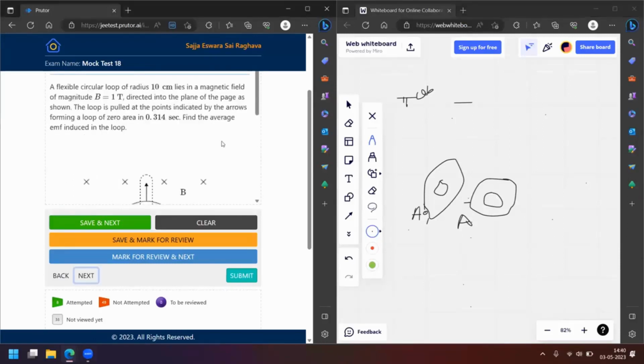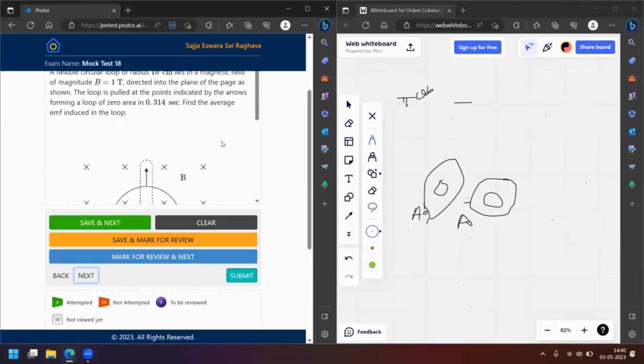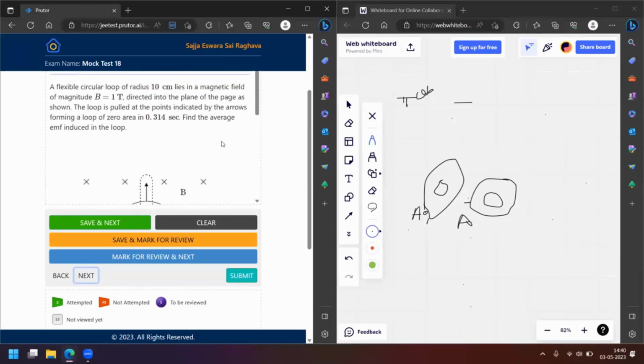The next question: a flexible circular loop of wire lies in a magnetic field, and the points are indicated. You have to find the average EMF. The average EMF can be found as the rate of change of flux.